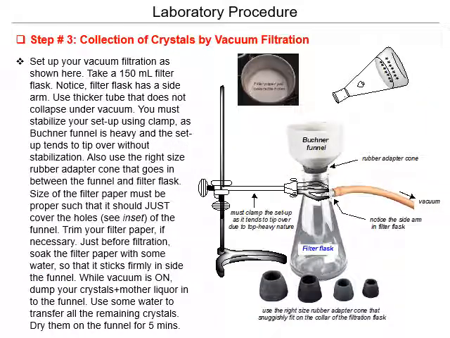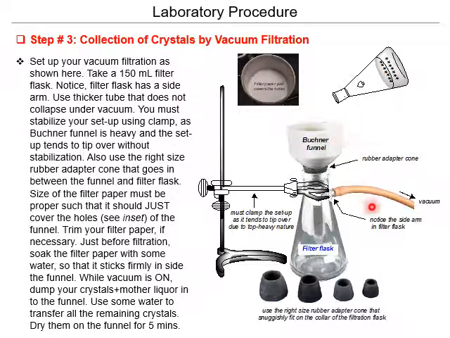After having the crystals in your solution, you need to use vacuum filtration to have your pure crystals of benzoic acid. You need to set up your vacuum filtration. You need a vacuum filtration Erlenmeyer flask, which you clamp by using a universal clamp, and you need a Buchner funnel.